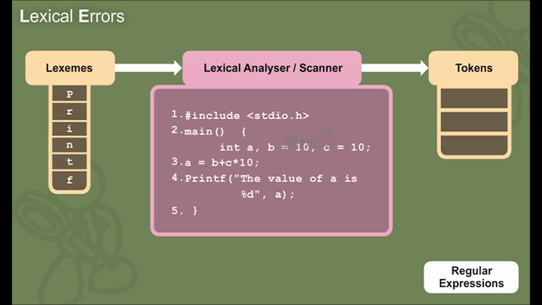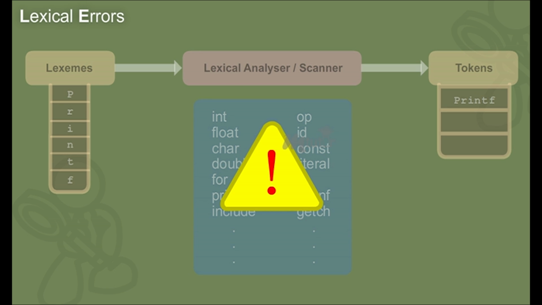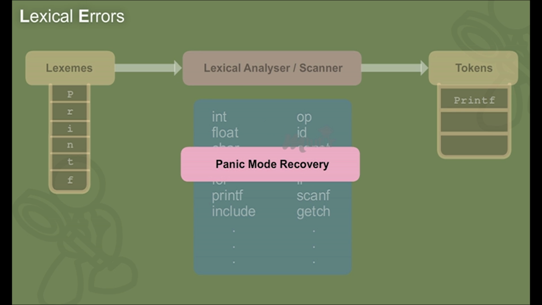Since it is a valid identifier, the lexical analyzer must generate a token and let some other phase spot an error. When a previously recognized valid token doesn't match with the grammar rules, then another error is thrown by the scanner, which is called a syntax error. The lexical analyzer can't proceed because it needs an error recovery solution. This is known as panic mode recovery.